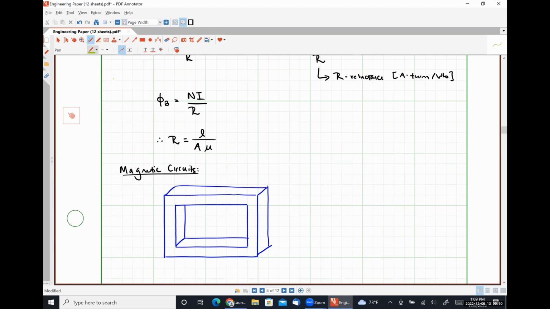And this core will have some length in this direction.